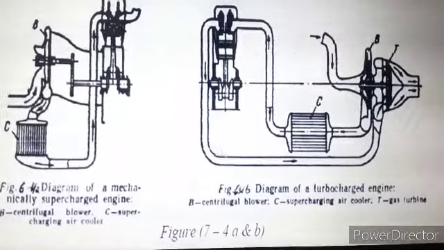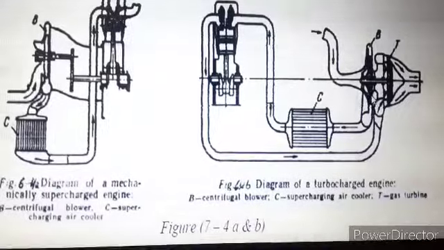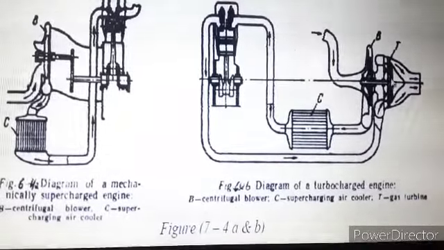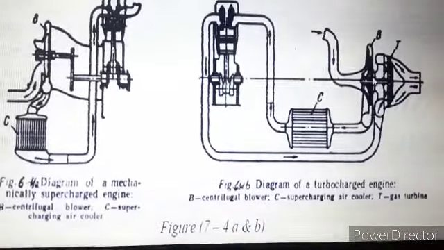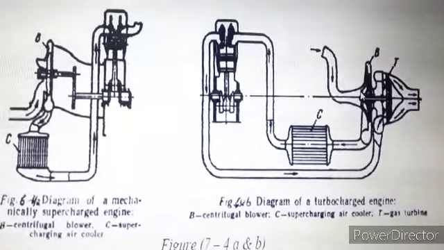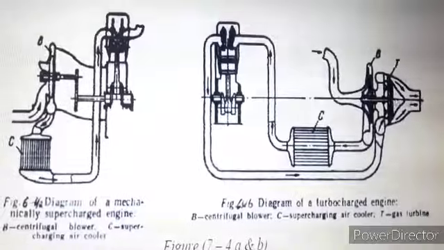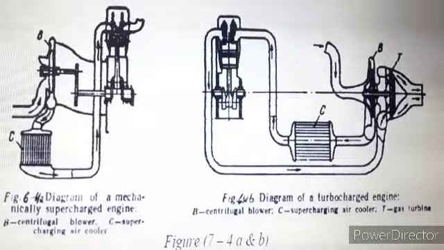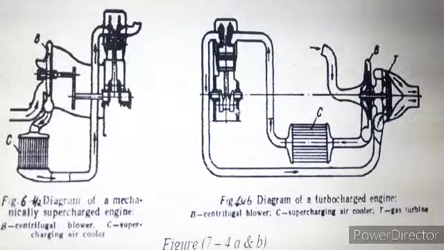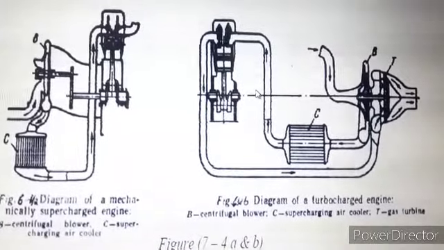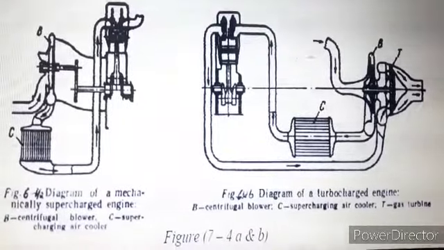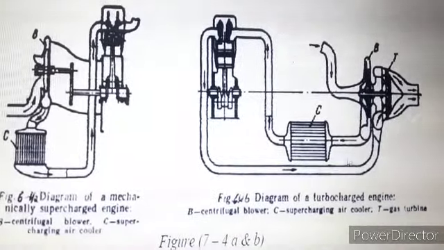So in a turbocharger we use that energy. The turbine generates power, and that power is given to the compressor, so the compressor is operated by the turbine. This is the simple working of a turbocharger. We use turbochargers in power plants also, particularly in diesel power plants.